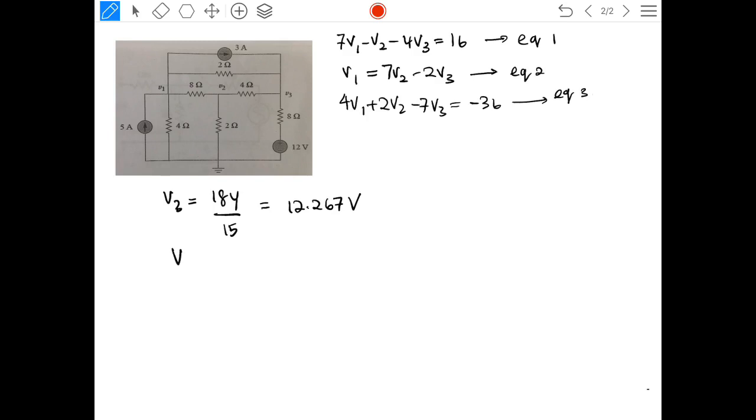And we have V2 at 74 over 15, which is equal to 4.933 volt. And finally V1 is equal to 10 volt. So here you are, the solution of this circuit analysis using nodal analysis, and I hope you enjoy this video.